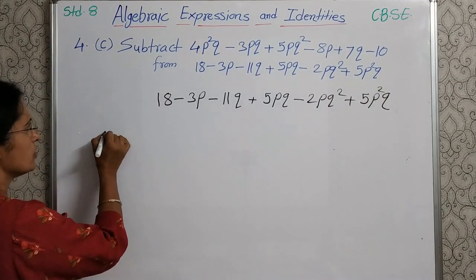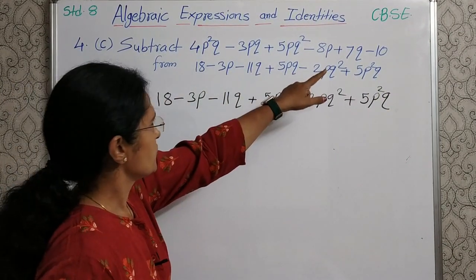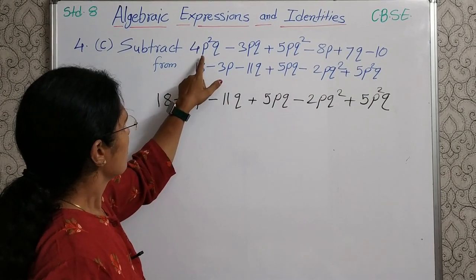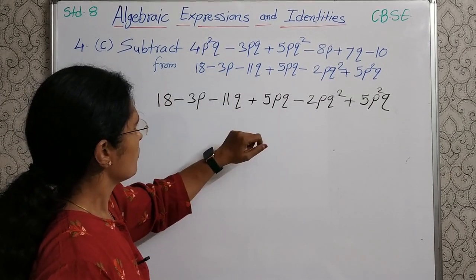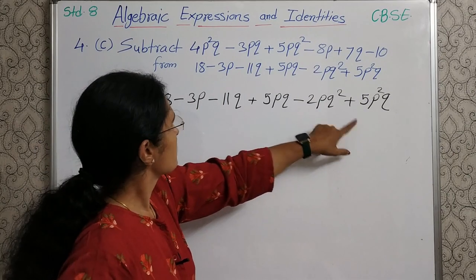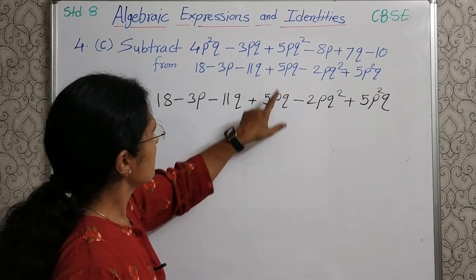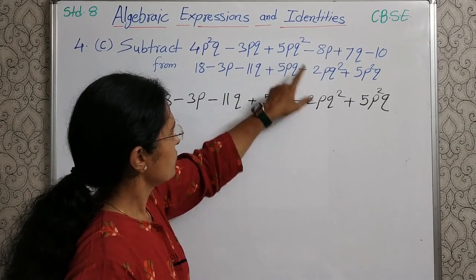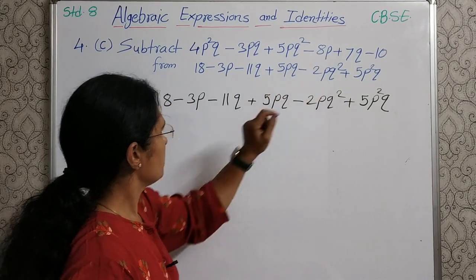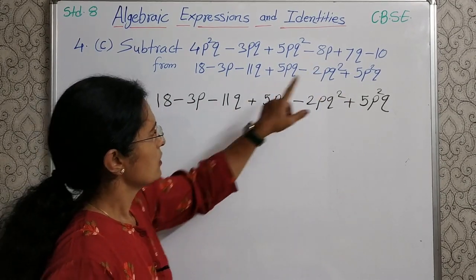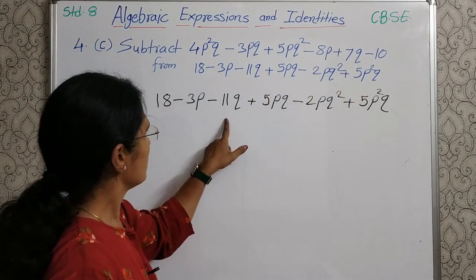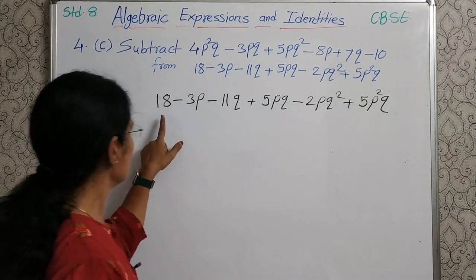From this we'll subtract this expression. So here 4p square q we'll write below this, then minus 3pq here, plus 5pq square here, minus 8p will be here, plus 7q here and minus 10 will be here.